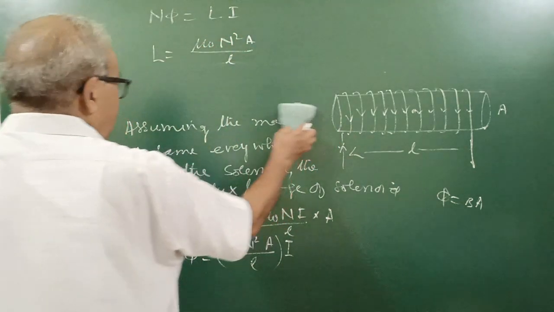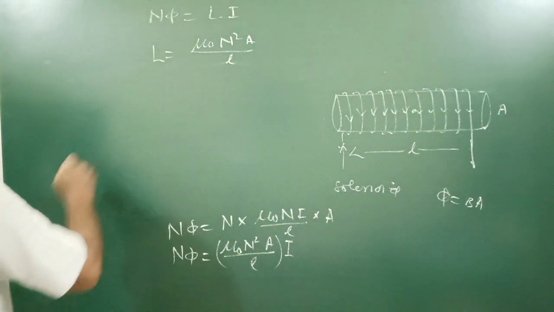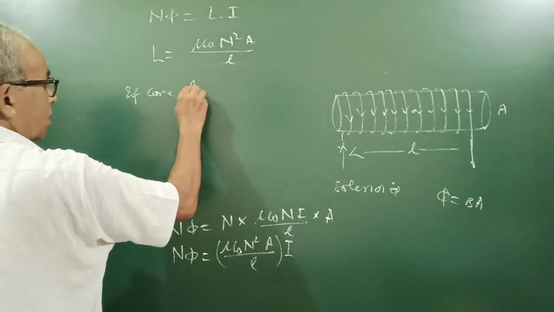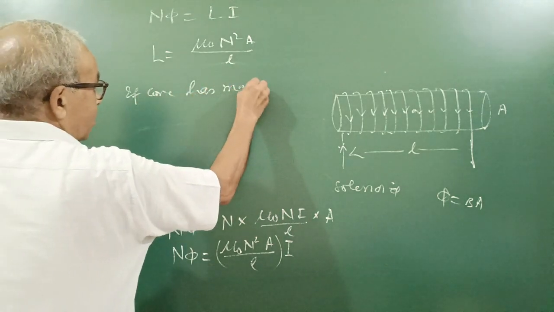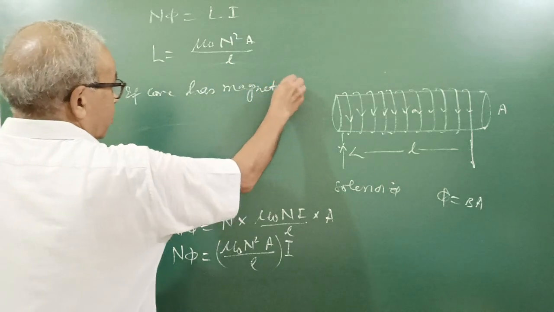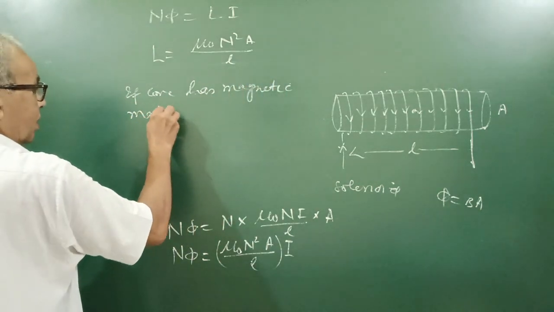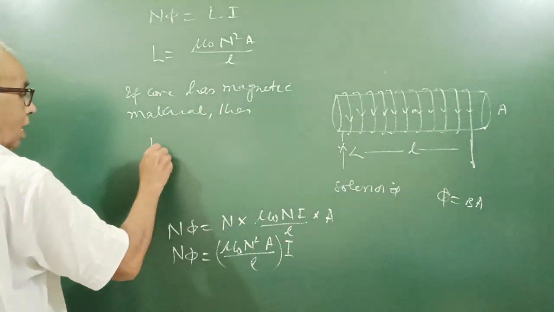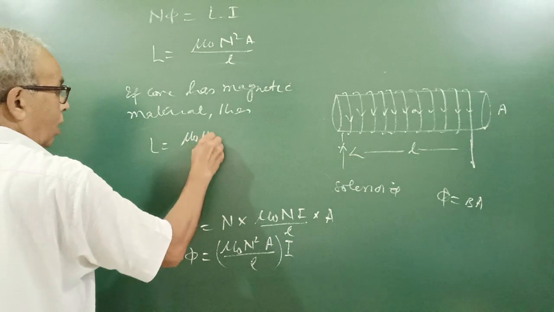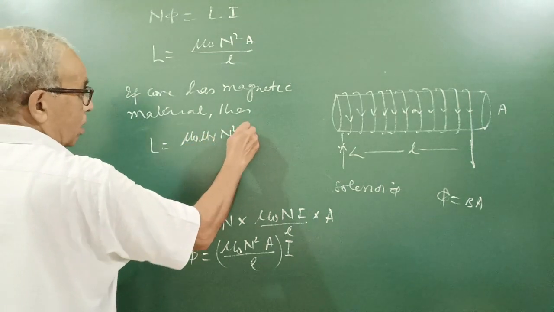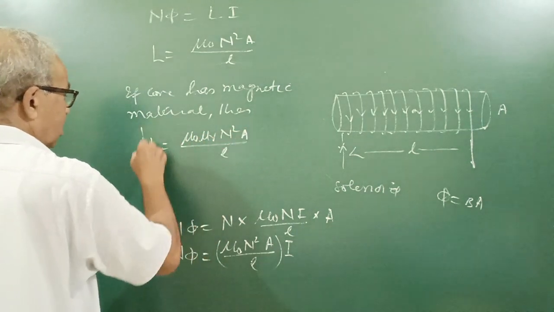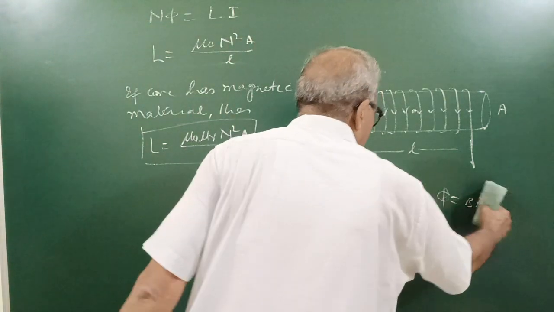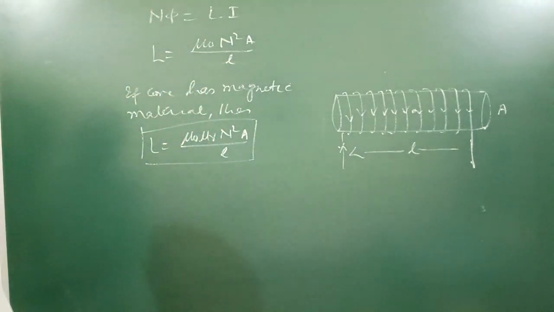If the core is filled with magnetic material, then L equal to mu 0 mu r N square A upon L. Some people write this expression in terms of the number of turns per unit length.